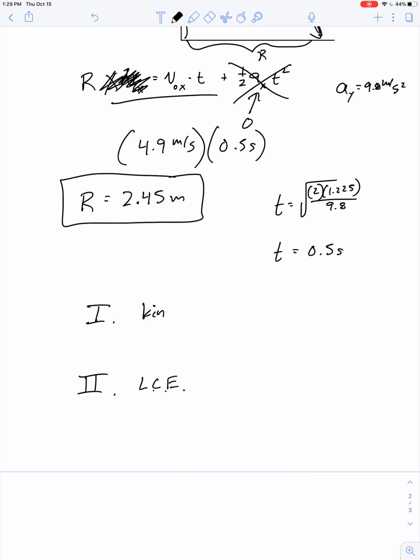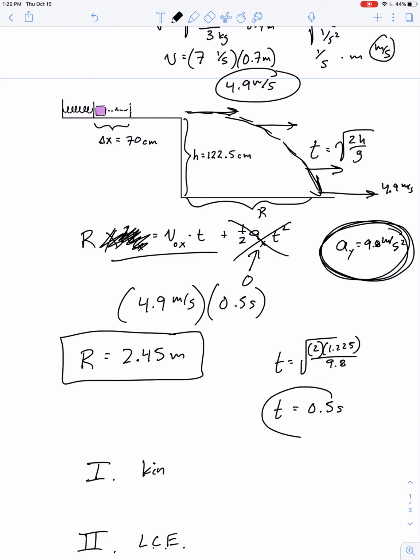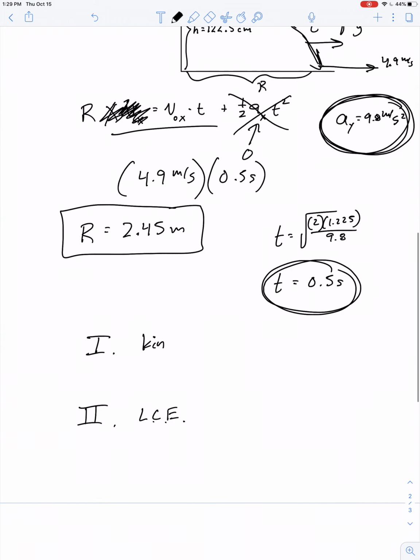Okay, so for the kinematics, we just have to recognize that this speed of 4.9 meters per second horizontally never goes away. And then it's influenced by this vertical component of gravity for a time of 1/2 of a second. In other words, the final vertical speed is the initial vertical speed plus vertical acceleration times time.